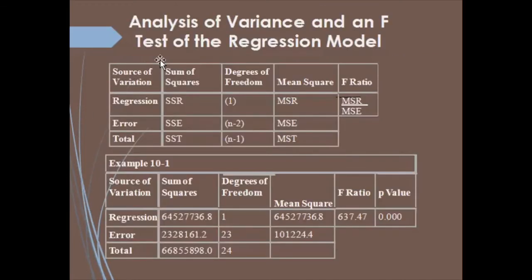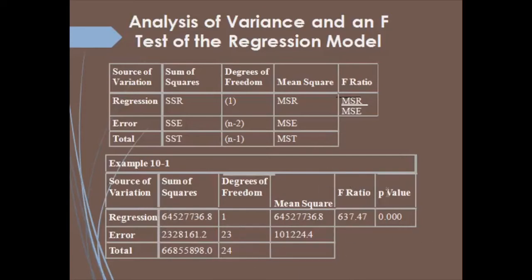Next is how to analyze variance and an F-test of the regression model. In this case, we analyze the regression model using an F-test. This is the table, where we need to search for our regression, error, and total. And this is the table of example 10.1, the calculation.